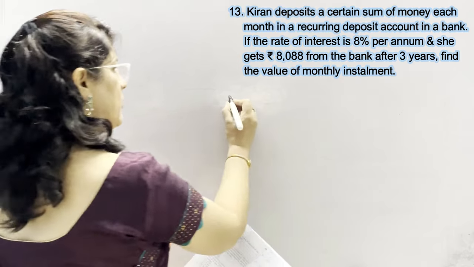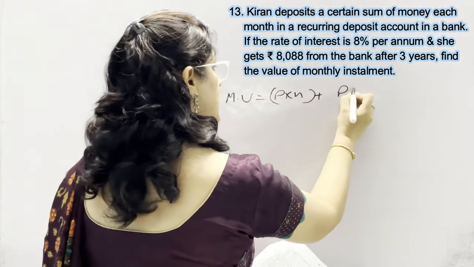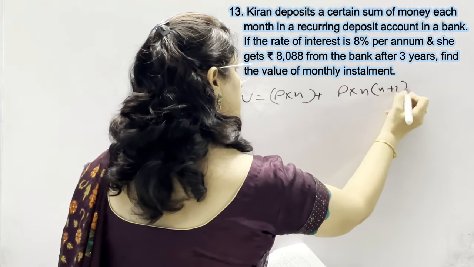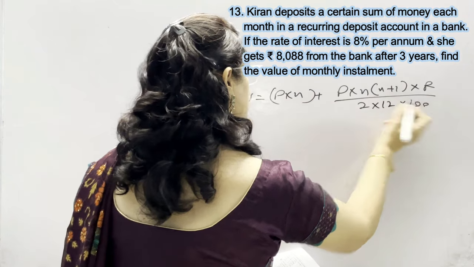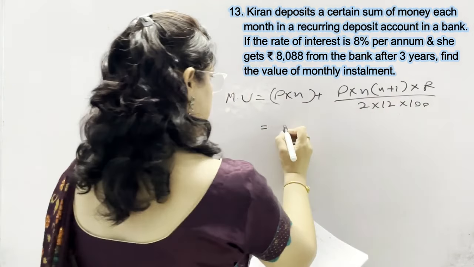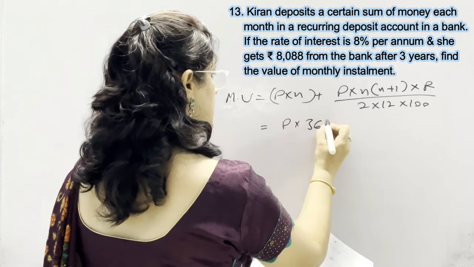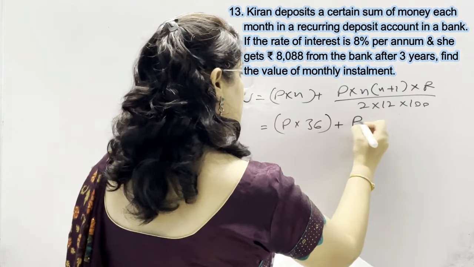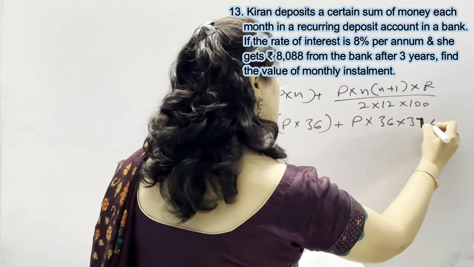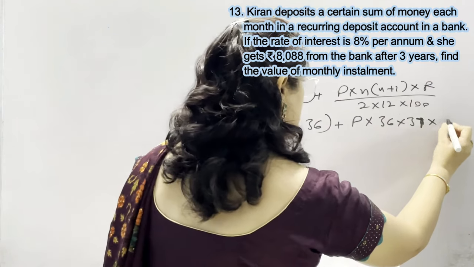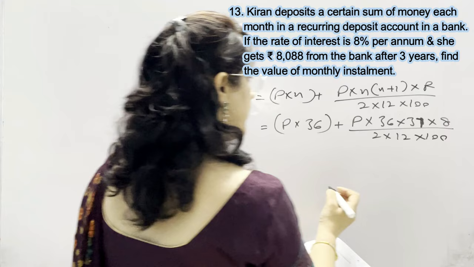So maturity value is equal to P into n plus P into n plus 1 into rate upon 2 into 12 into 100. So what is the value of P? We don't know here, but we know the value of n, 3 years. 3 years means 36 months plus P as it is 36, then plus 1 it means 37, and then the rate is given as 8 upon 2 into 12 into 100.